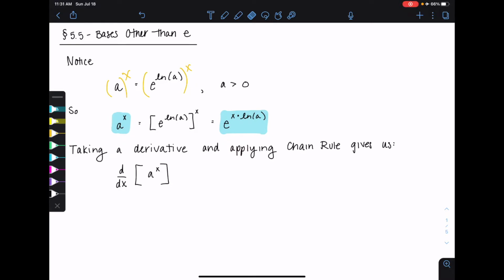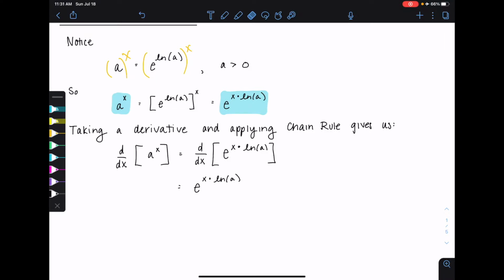So differentiating a to the x is the same thing as differentiating e to the x times natural log of a. And for e to the x, you're going to get exactly that same function, but the chain rule tells you you've got to multiply by the derivative of the exponent. So I want to multiply by the derivative of x natural log of a.